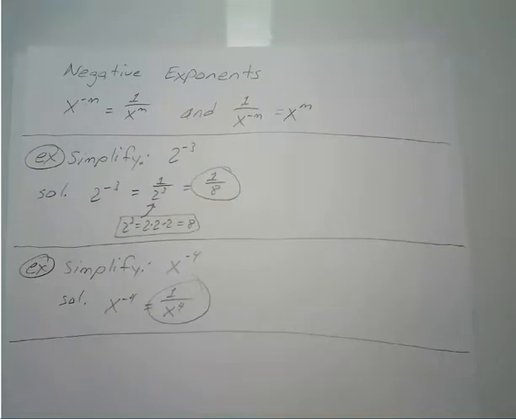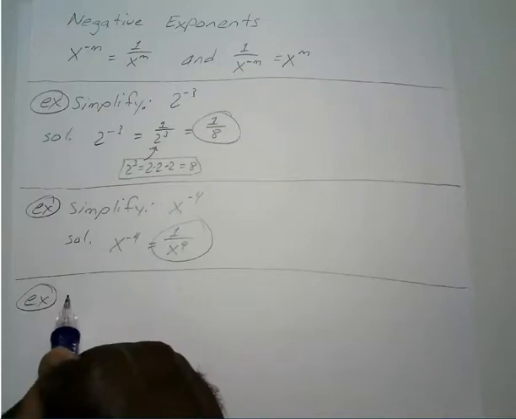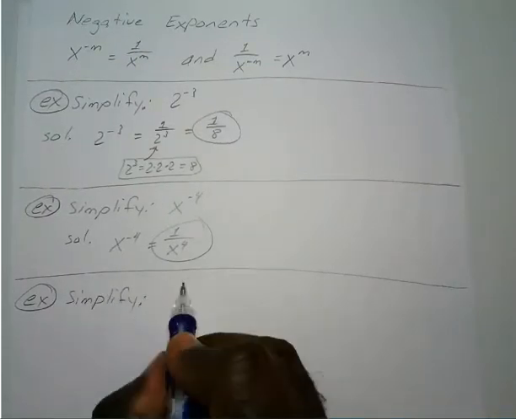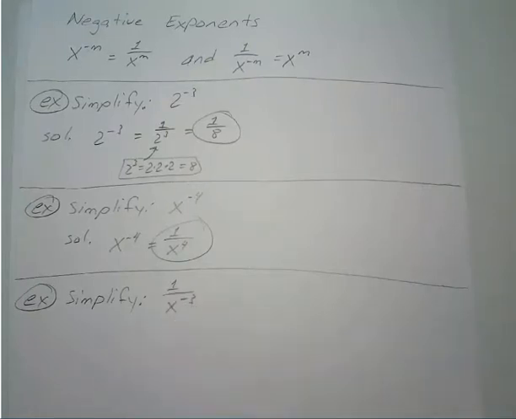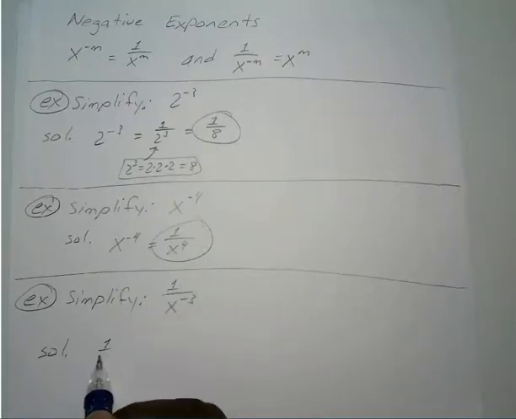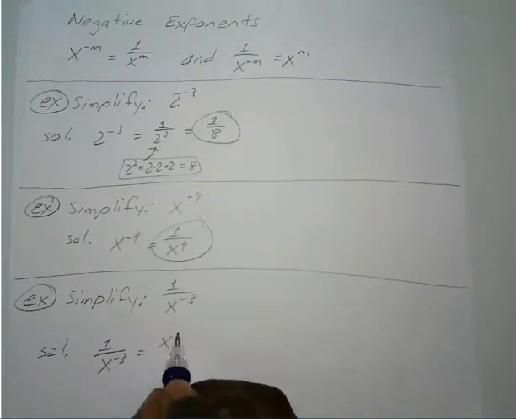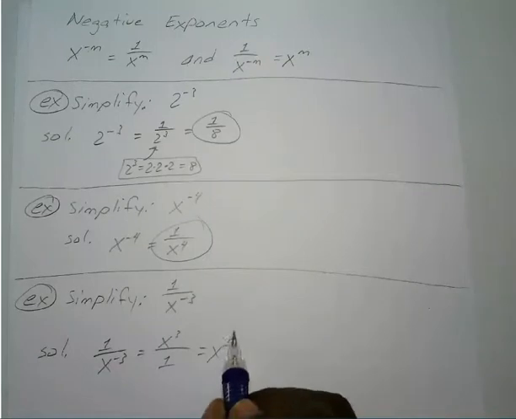Okay, so what if you have a negative exponent in your denominator? So if we wanted to simplify 1 over x to the negative 3 power, when you have a negative exponent in your denominator, you just move it up to your numerator and make it positive, which is just x to the third power.